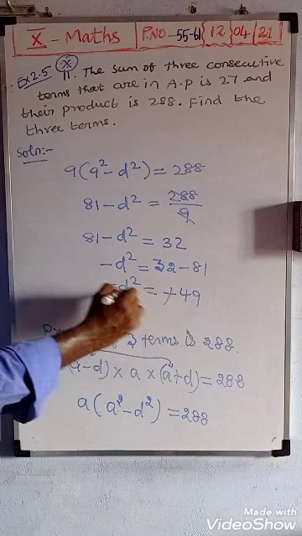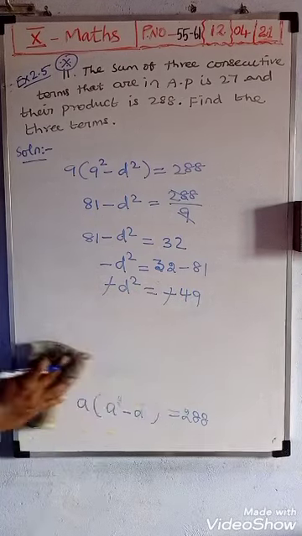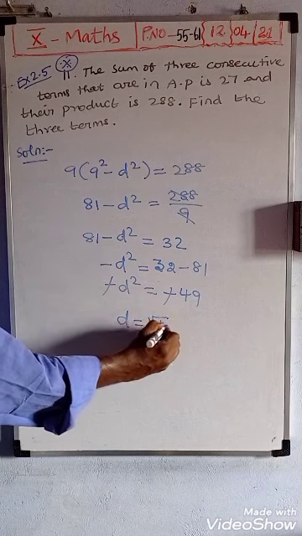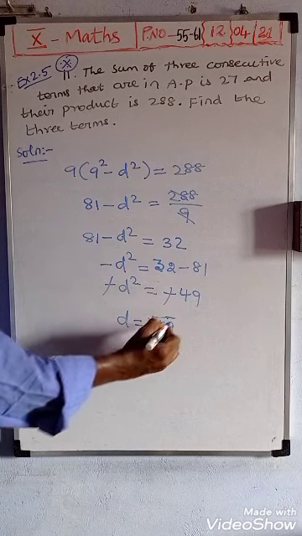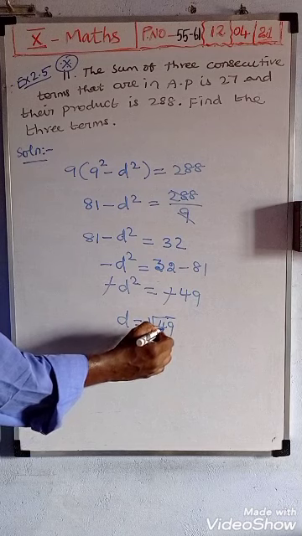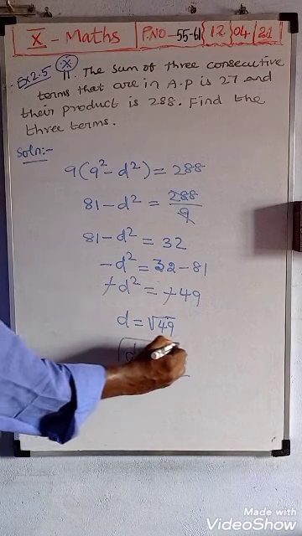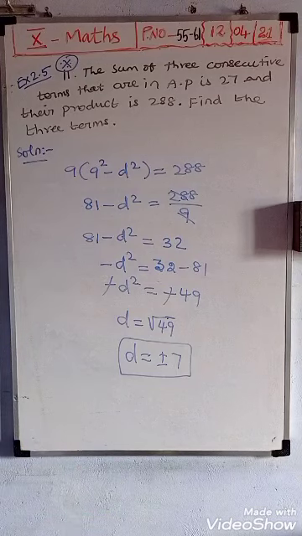Now minus and minus on both sides will get cancelled. Therefore D is equal to square root of 49. While taking the square root of 49 we will receive plus or minus 7. Wherever you take the square root we receive plus or minus.